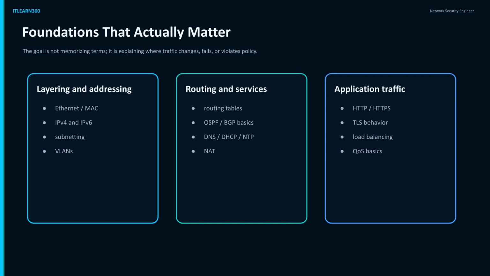Services such as DNS, DHCP, NTP, and NAT also matter because they change how systems locate and reach each other. At the application layer, HTTP, HTTPS, TLS, load balancing, and basic quality of service behavior help explain why a connection may look healthy at one layer and still fail at another. The goal is not memorization. The goal is being able to explain the path. Once you can do that, troubleshooting becomes a disciplined process instead of a sequence of guesses.